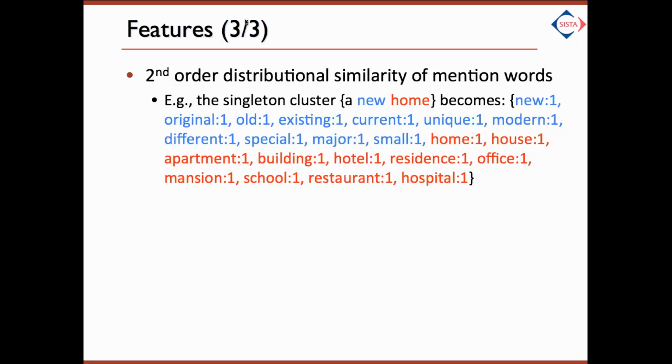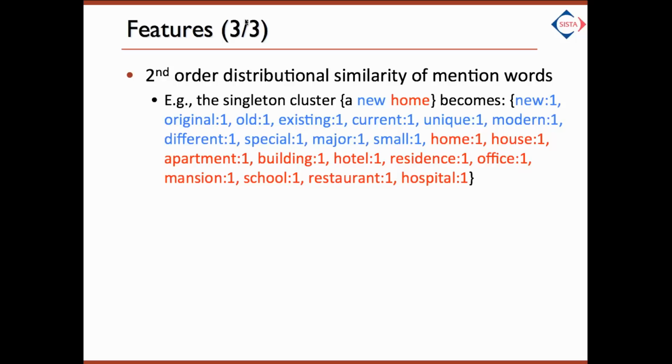Right? So we found out that new is very similar to original, old, existing, current, unique, and so on. You see that a lot of these are actually synonyms or hypernyms, but you do get antonyms in there. There's no way to distinguish between synonyms and antonyms with this thing. So there is a caveat there. But basically what we did, we took his dictionary and we looked at the top 10 or so most similar words for each word in our mention, and we built an additional vector.